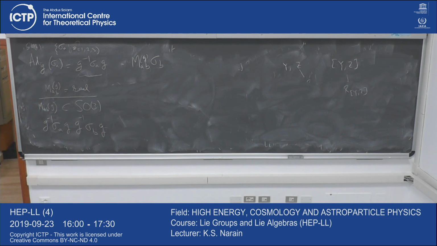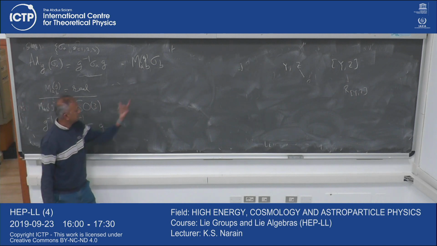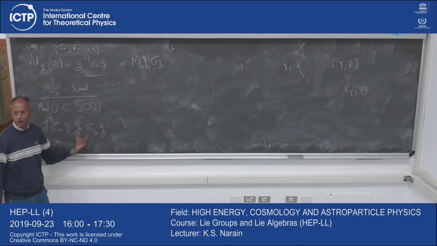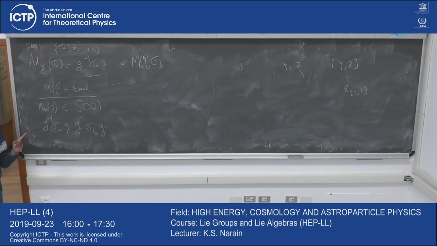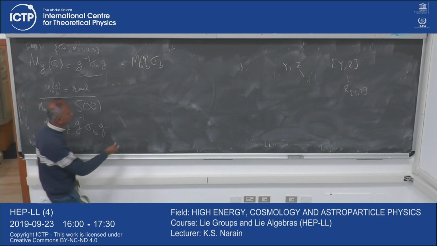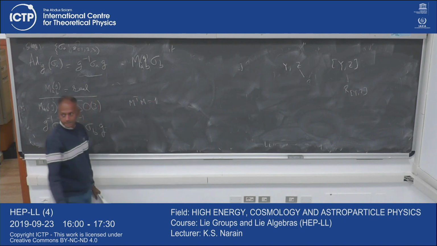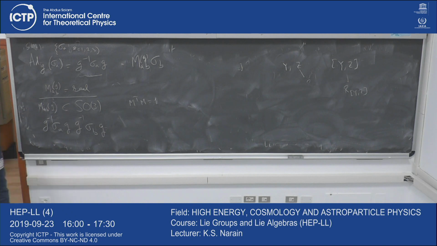When I expand it in the sigmas, this will involve one M, and this will also involve one M. So you have some product of two M's roughly, which you need in order to prove that it is orthogonal. The orthogonality relation was that M transpose M is identity. So we need to prove that.